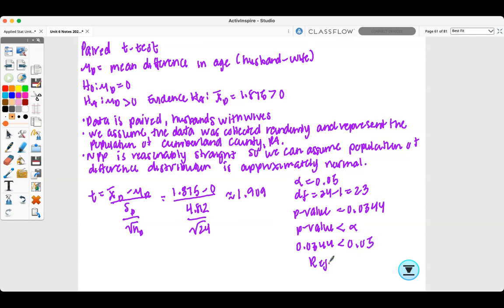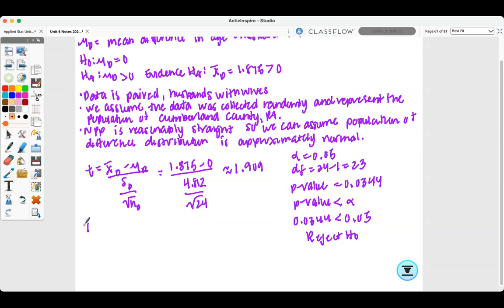So we reject our null hypothesis. There is evidence to suggest husbands tend to be older than wives in Cumberland County, Pennsylvania.